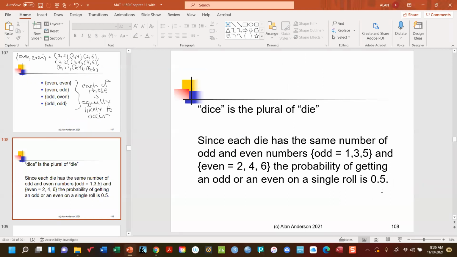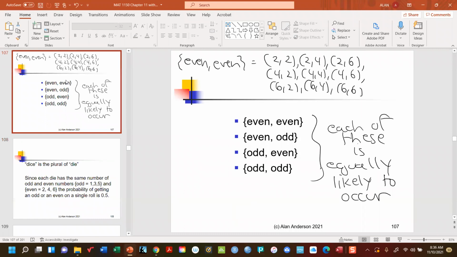Now, because each of these outcomes represents 9 actual different rolls, that means each one of these has a probability of 9 out of 36 or 1/4. All right, and because each of these outcomes is equally likely, so we have 36 possible outcomes when we roll the dice, each one of which is equally likely.